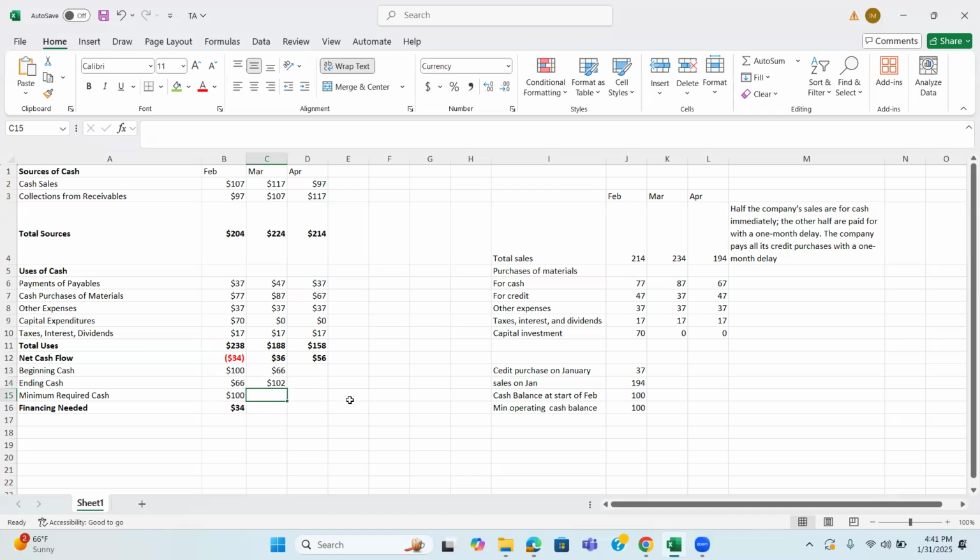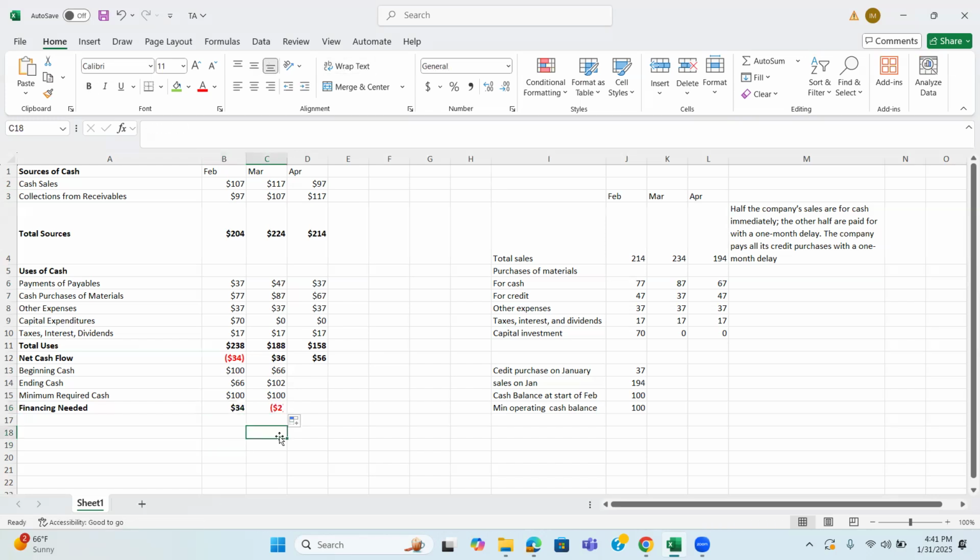Okay. All right. So then you need minimum cash of 100, and your ending cash is 102. Just a second. So your financing basically is your surplus, right?